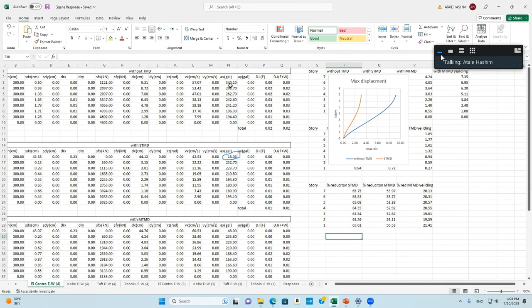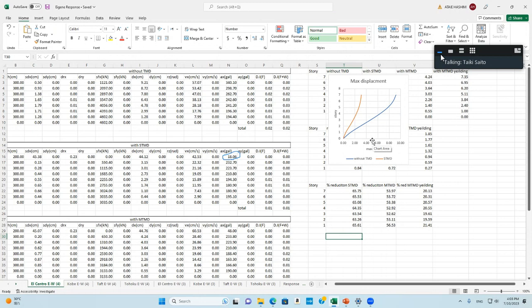Without the TMD, the top floor has an acceleration of 340 gal. But after that, the TMD reduced it to about 230, and the TMD itself gets 80 gal of acceleration.